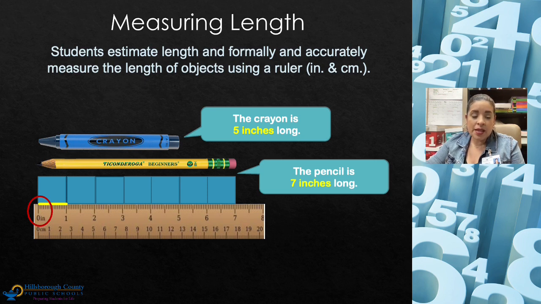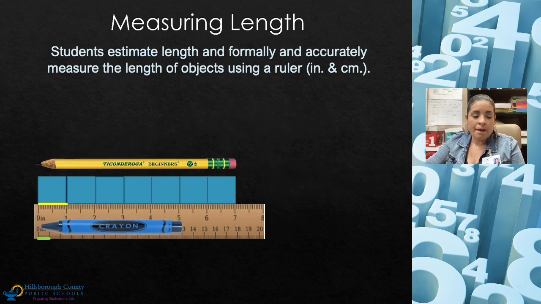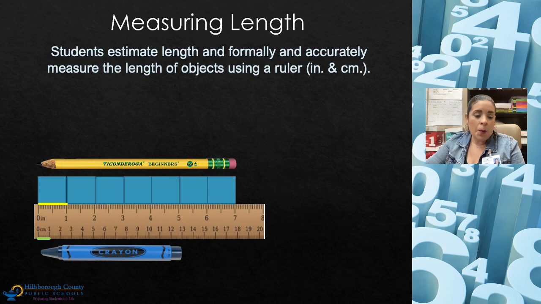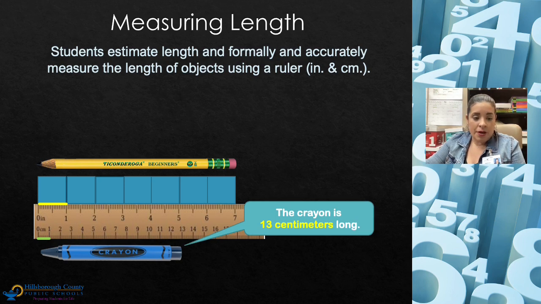This is a common misconception, that they may not always start at 0. We want them to make sure they start at 0. And then we can relate our inches to another unit of measurement, centimeters. How many centimeters long is the crayon? They can measure from 0 at the beginning of the crayon all the way to the end of the crayon, which is 13 centimeters long.